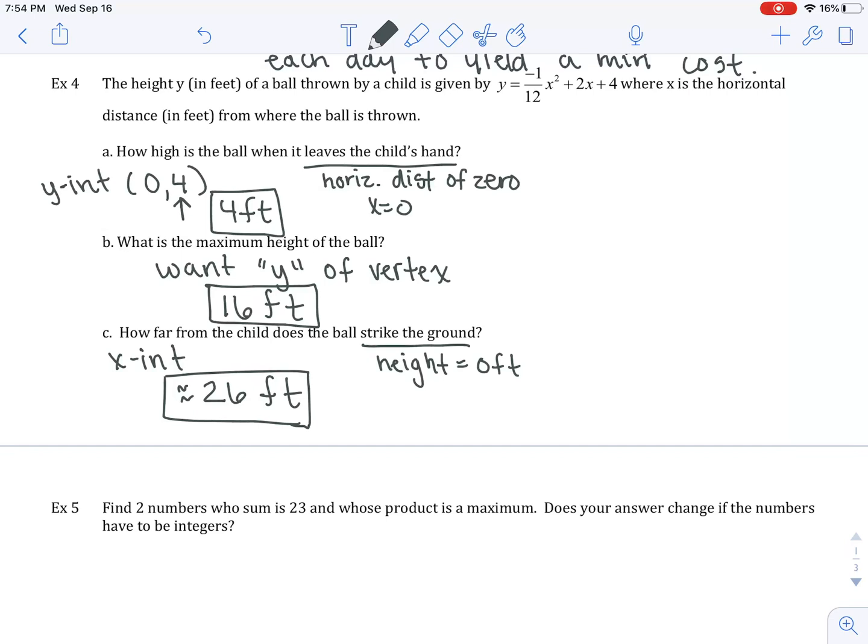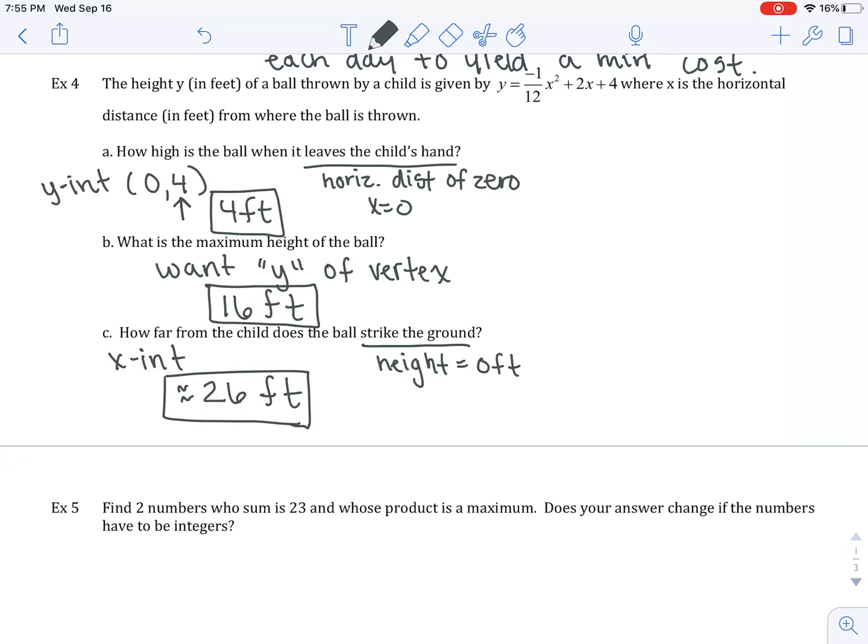So example 4, there was no really math involved in these, right? This was straight up using your calculator and just dissecting what is the information that I need to grab from my calculator, okay? So if I'm asking from example A, how high is the ball when it leaves the hand? Well, that's the y-intercept. What's the maximum height? Well, that's my vertex, the y value, right?